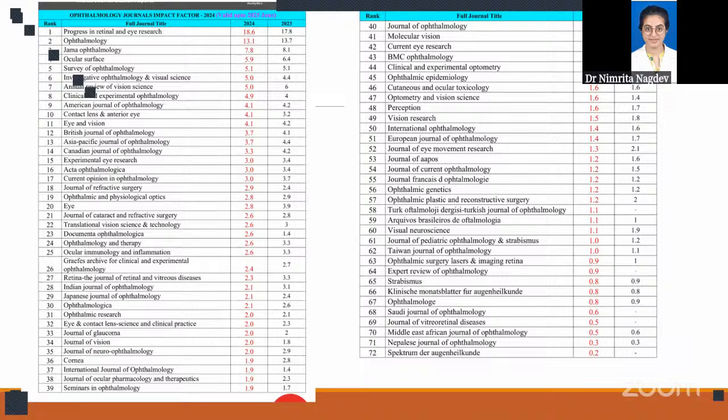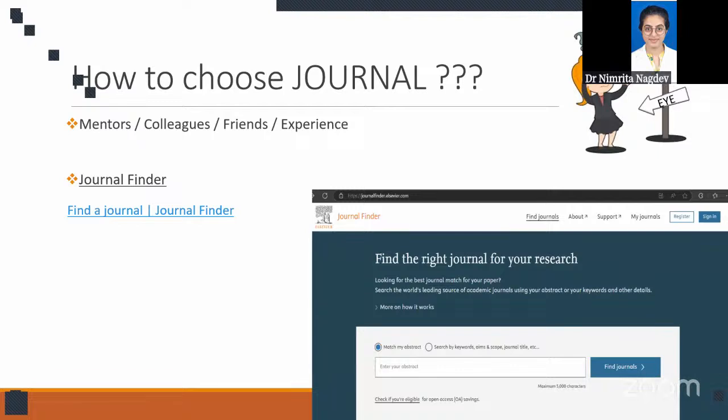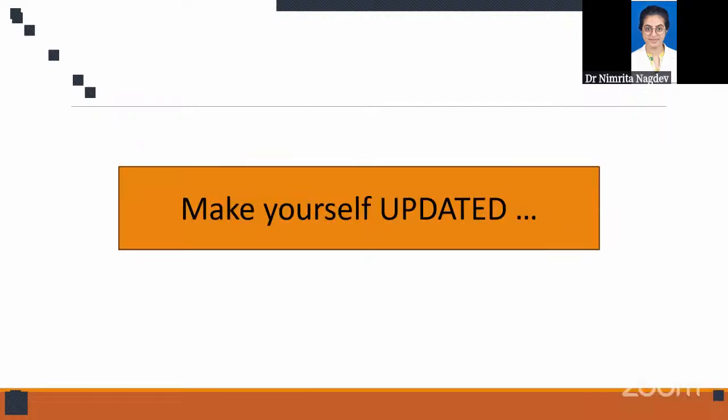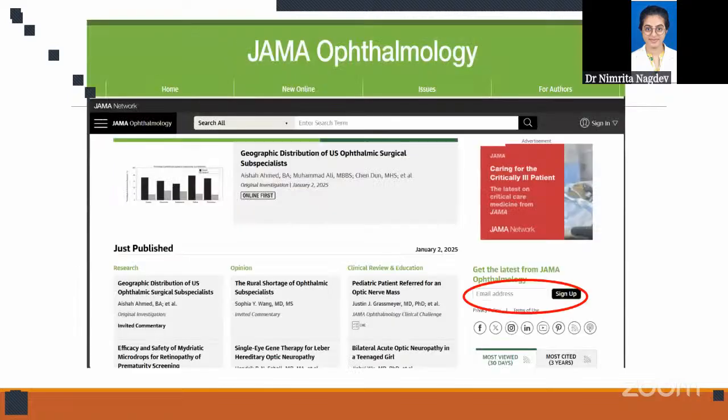This slide shows the impact factors for various journals. Then how to choose a journal. You can take help from mentors, colleagues, friends, and your own experience. And online, there is also a journal finder in which you can paste your abstract content, and it will give you a specific journal in which you can submit, and the acceptance chances increase. Always keep yourself updated.